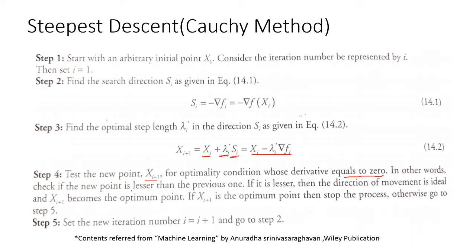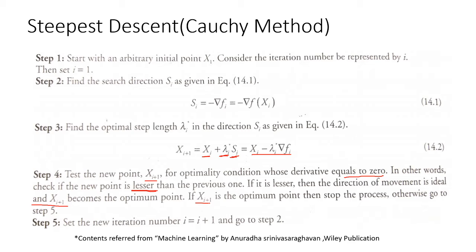If it is less, then we check whether the distance is increasing or decreasing. If it is lesser, then the direction of movement is ideal. That means we are moving in the right direction, and after some point X of I plus 1 becomes the optimum point. So if X of I plus 1 is the optimum point, then stop the process, otherwise we go to step 5.